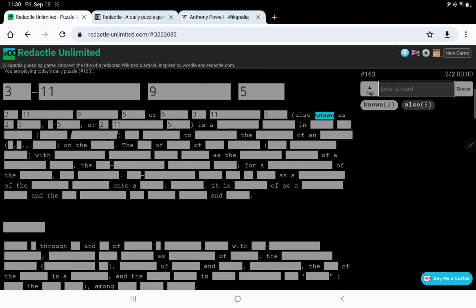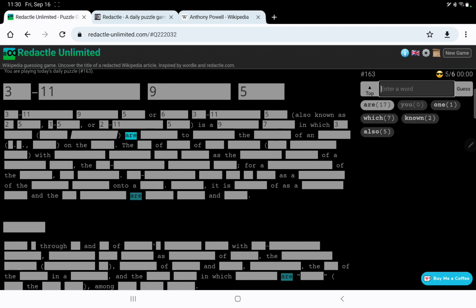251-5 or 2-11-5 is a 9-7 in maybe in which as the 3-1, no, in which you, in which are, no, we do have R, in which 3-6, in which 3-6, and then 6 and 10 in italics are 8-9, the 8 of and 7, and then that's either ED, IE or EG, it's IE, 5, on the 5.